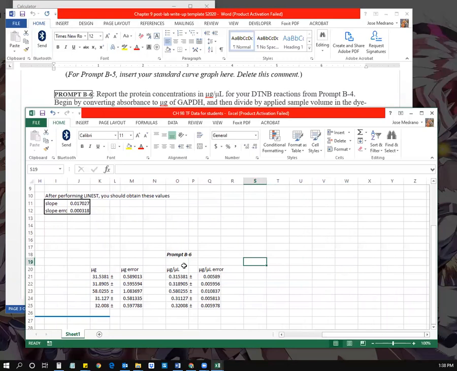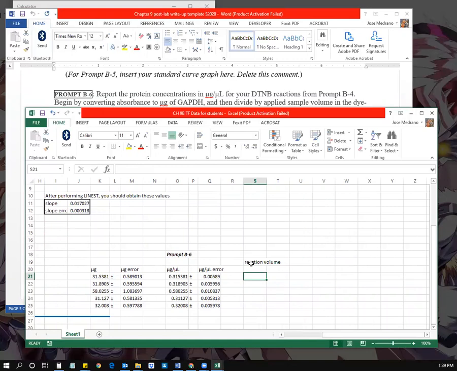So that first step is, if this is the concentration for the 3 mL DTNB reaction and the total volume was 3 mL, then what we can do is multiply by the reaction volume. And here, this is micrograms per microliter.